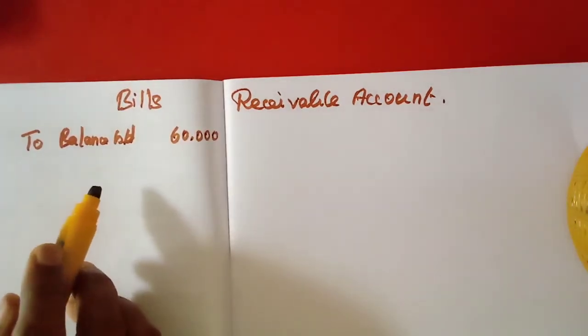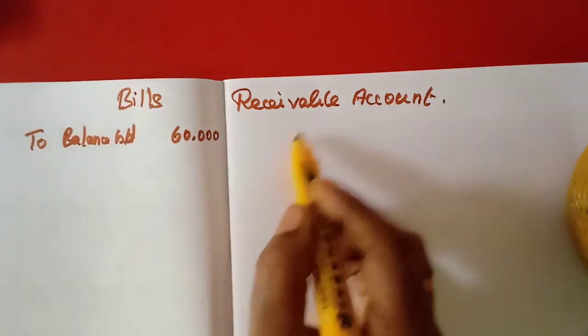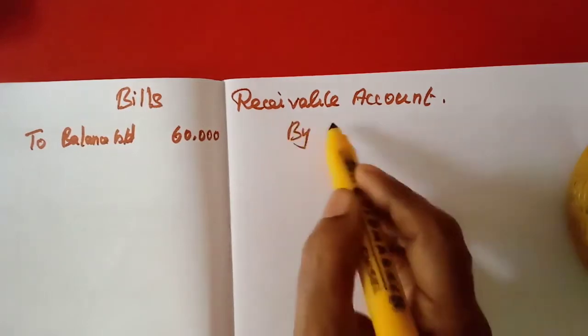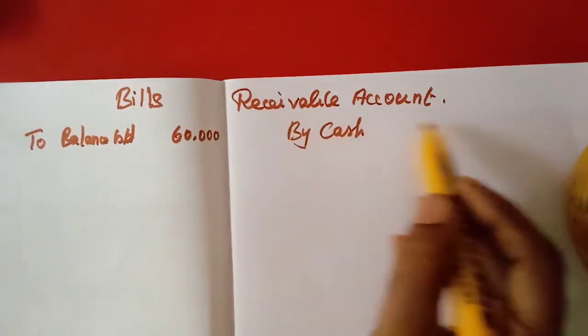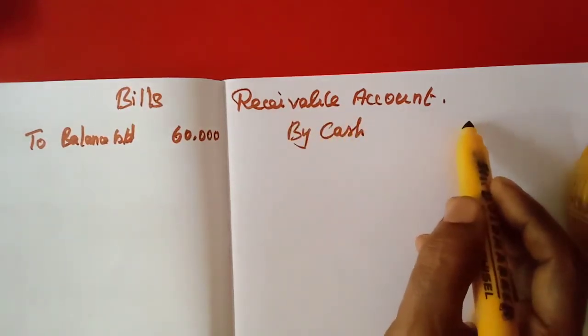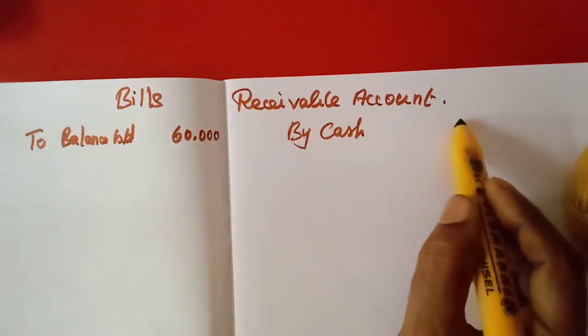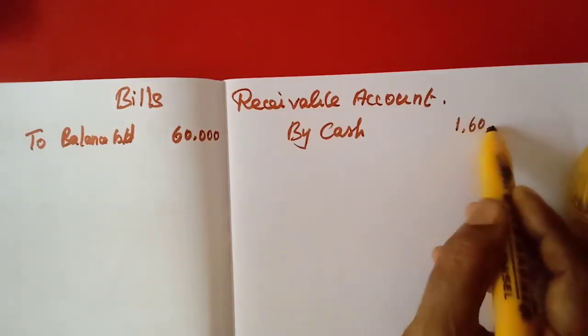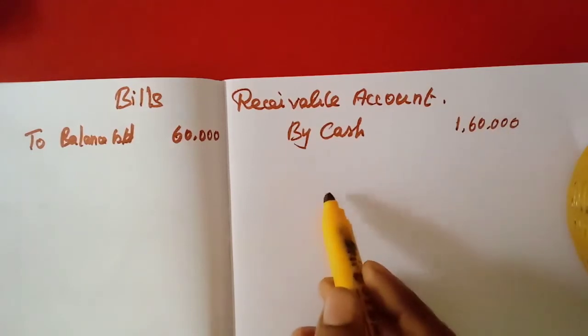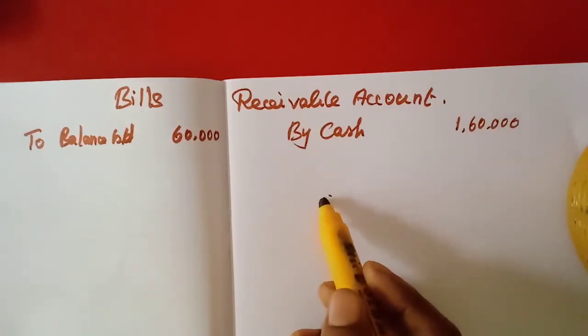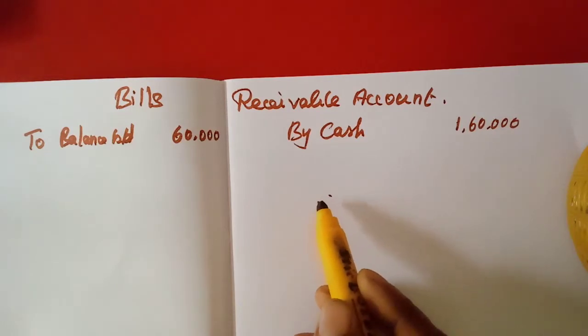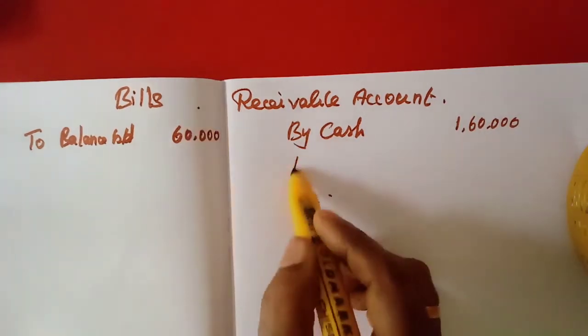Okay, then cash received from debtors, it will not come. Next one, cash received for bills receivable, this will come. So by cash 1,60,000. Then bad debts will not come here. Then bills receivable dishonored. What is the entry? Debtors account, debtor to bills receivable.